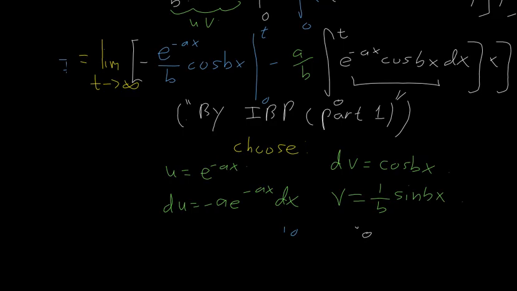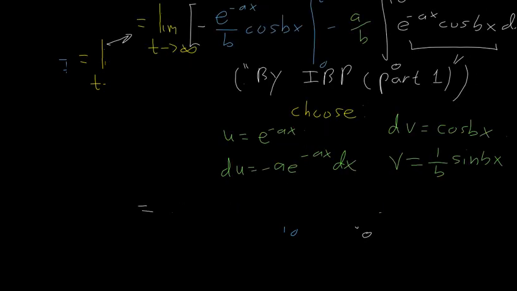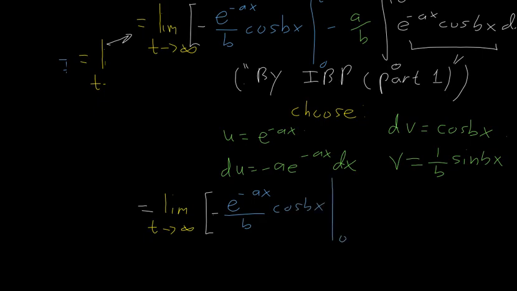So let's put that back into this equation right here. This is going to be equal to the limit as t approaches infinity of minus e to the negative ax all over b of cosine bx from 0 to t.